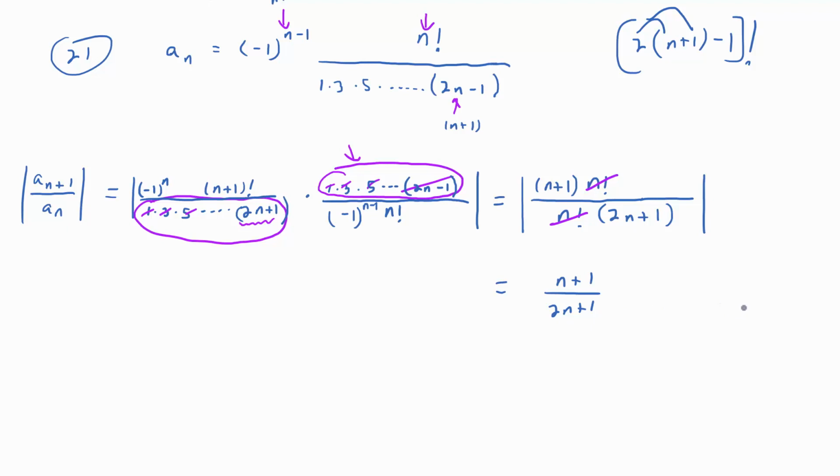For convergence, what does this converge to? The degree of the numerator is the same as the degree of the denominator. It converges to a half. There's no x in these problems; this is an 11.6 problem, so there's no doubt here. This converges because it's less than 1. So the series converges by ratio test.